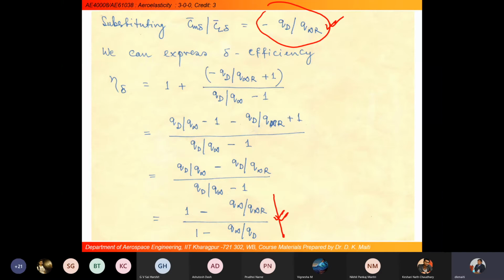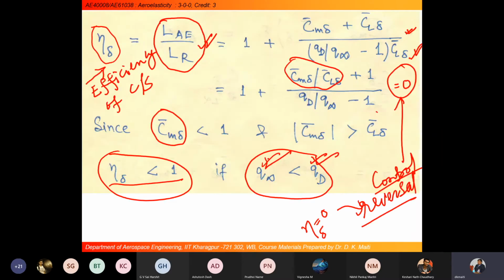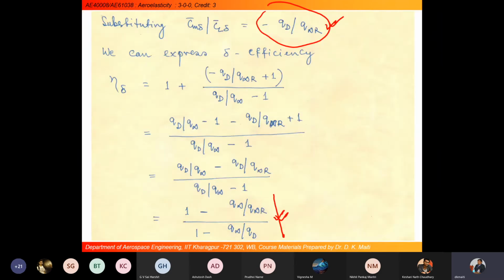If I substitute in the efficiency equation, plus Cm delta bar by Cl delta bar, substituting the value minus Qd by Q infinity reversal plus 1, after simplification we get the final expression as 1 minus Q infinity by Q infinity reversal divided by 1 minus Q infinity by Q infinity divergence.